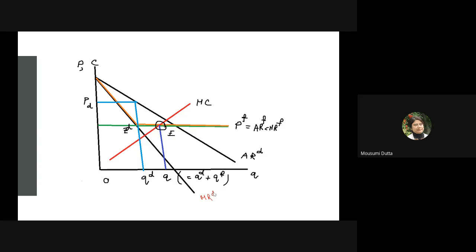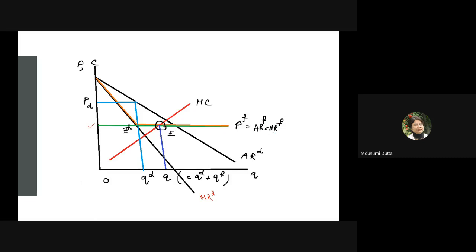Then we considered AR foreign, the average revenue curve in the foreign market. Under perfect competition, the demand or the average revenue curve will be a horizontal line parallel to the quantity axis. So this is the ARF, which is equal to PF, the price in the foreign market, because price under perfect competition is given. You have to sell the commodity at this given price in the foreign market. You have no market power in the foreign market.